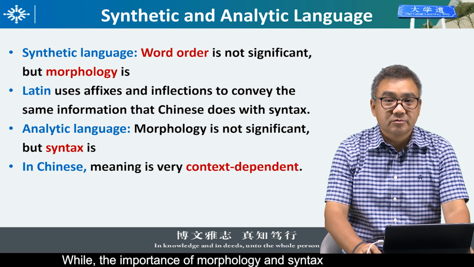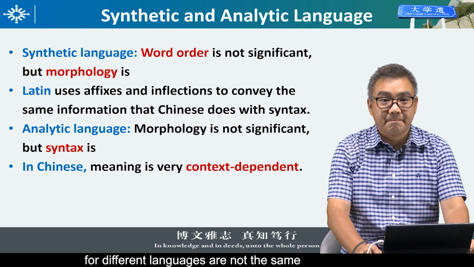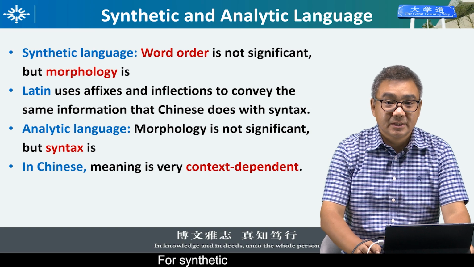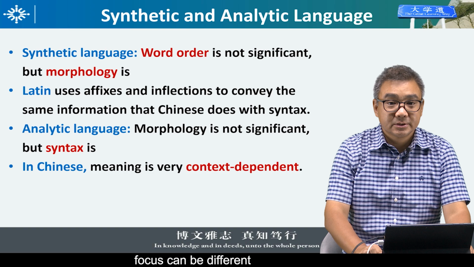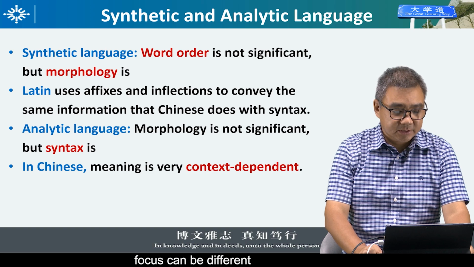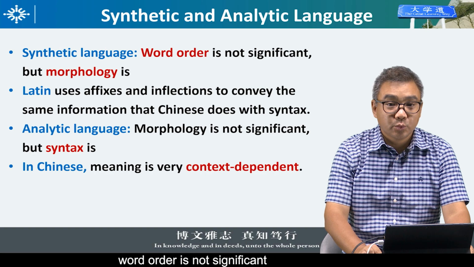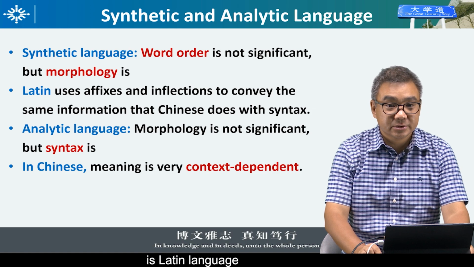While the importance of morphology and syntax for different languages is not the same. For example, for synthetic and analytic language, focus can be different on different aspects. For synthetic language, word order is not significant, but morphology is. A very typical example is Latin language.